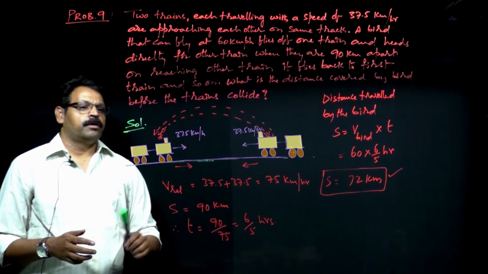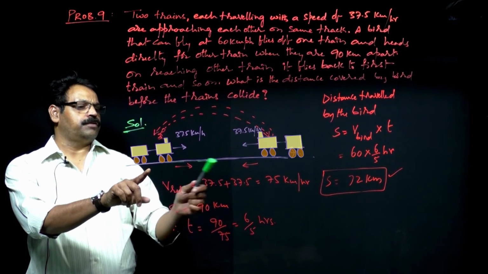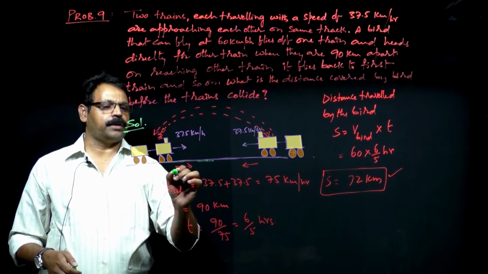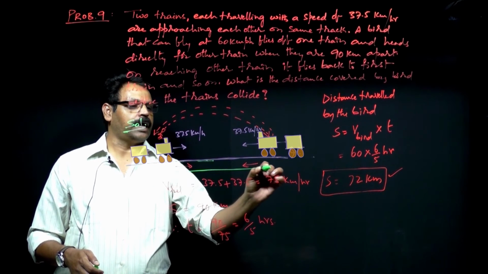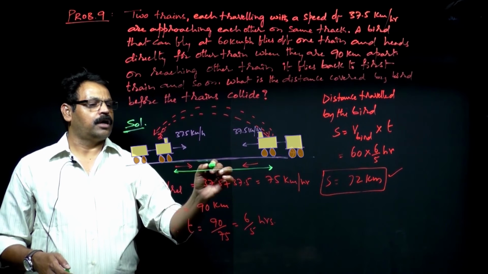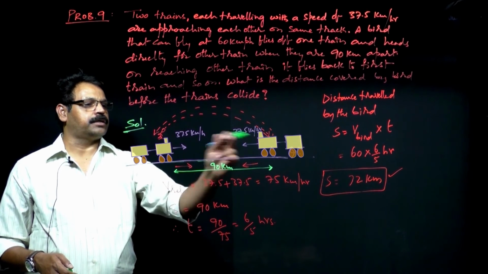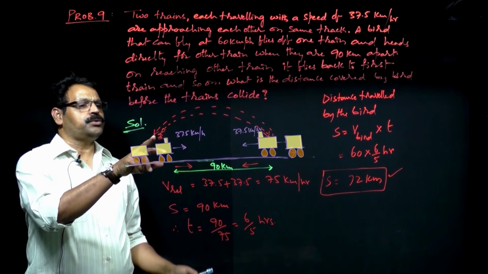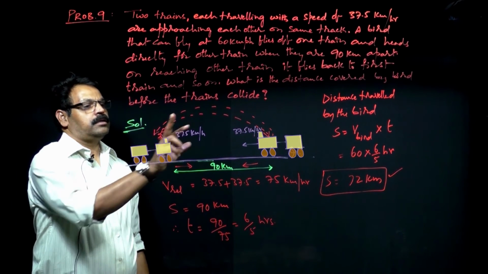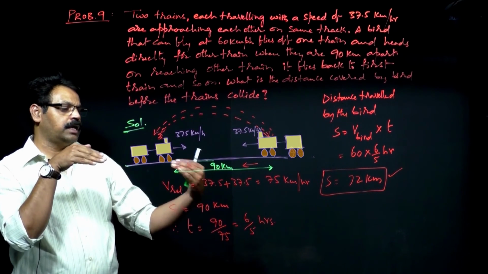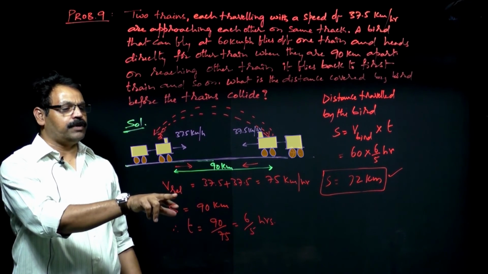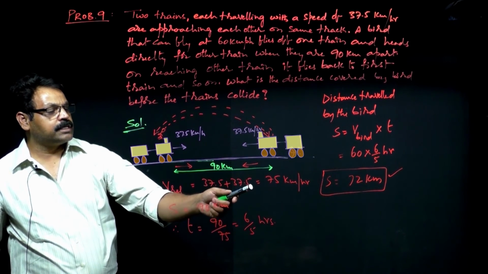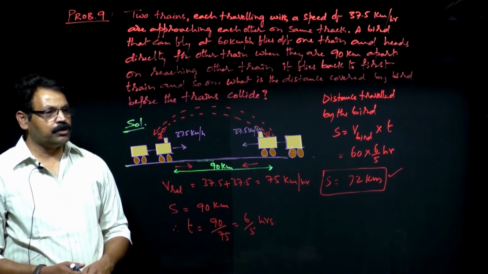So here we are just taking the two trains which are 90 kilometers apart. The distance from here to here is 90 kilometers. Now they are moving towards each other. The velocity of one train with reference to the other, when they are moving towards each other, is 37.5 plus 37.5, which comes out to be 75 km per hour.